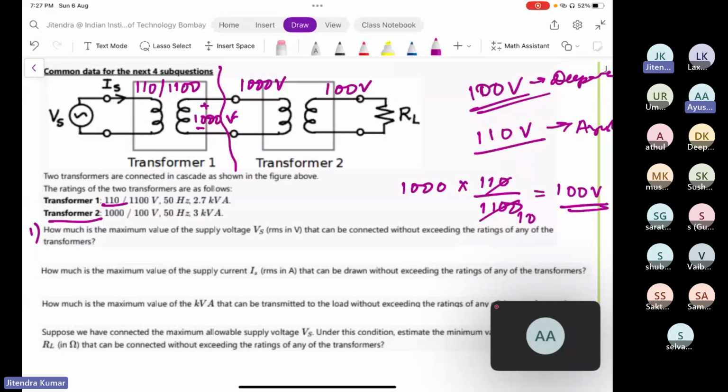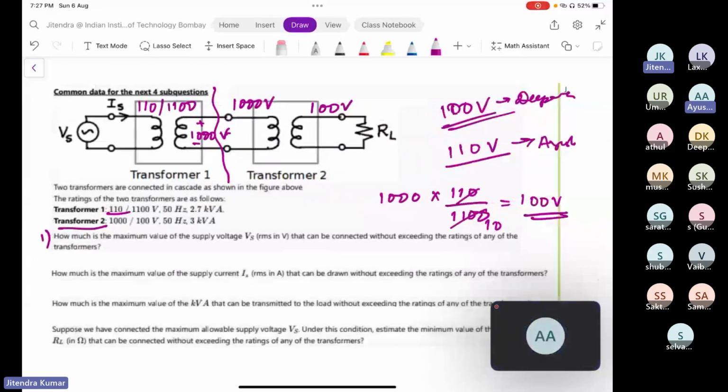Sir, what is the logic behind your 110 volt? Go ahead. Where you have written 1000 volt, there should be 1100 volt, sir, because it is transformer 1. No, this 1000 by 100 is for transformer 2.